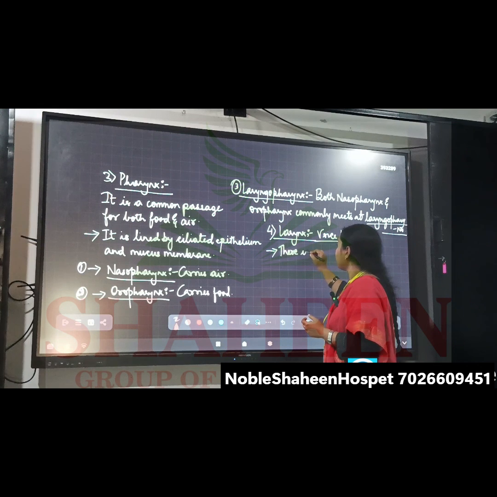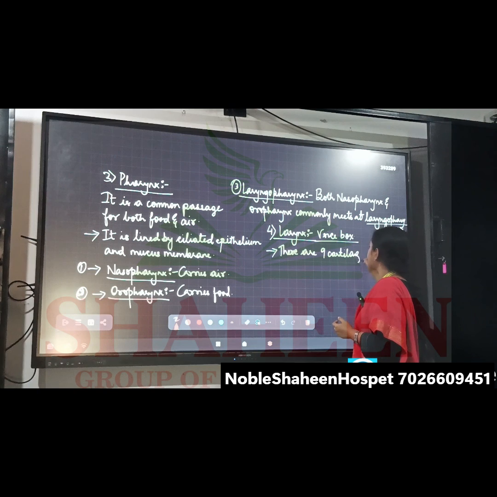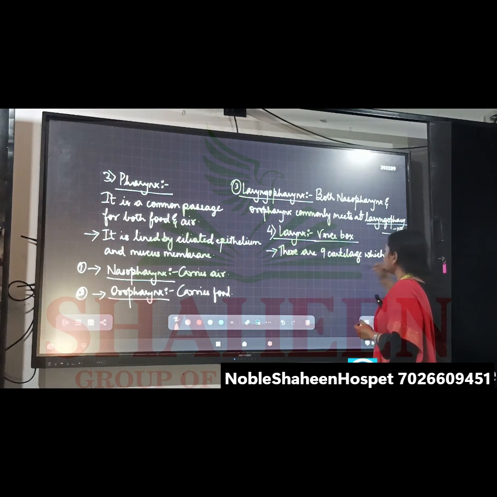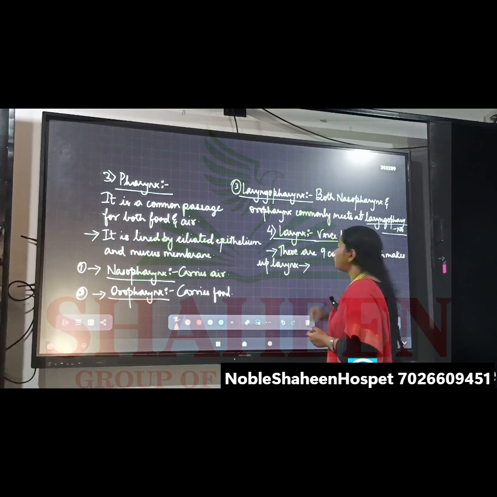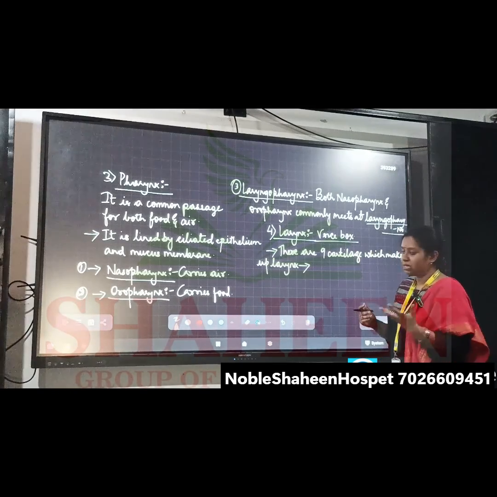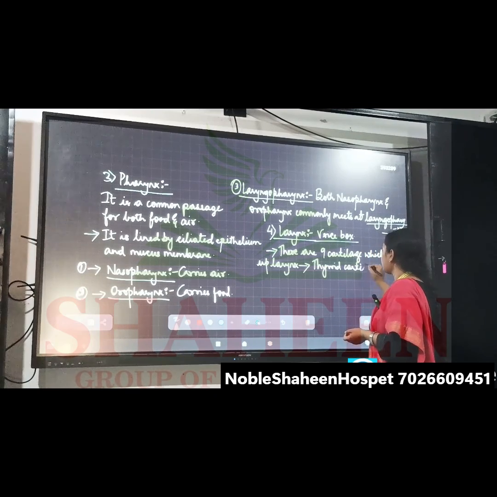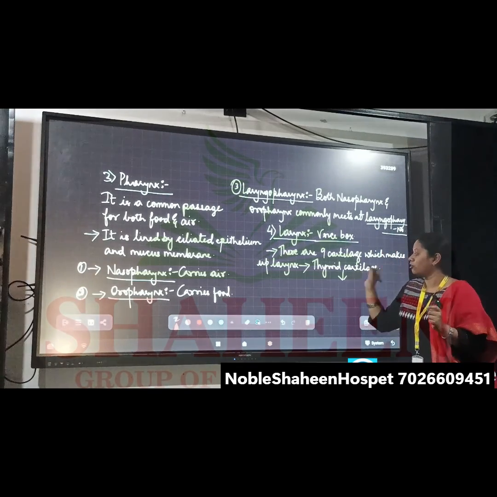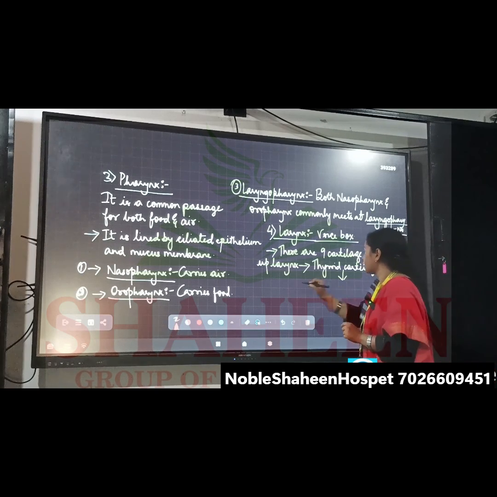There are 9 cartilages which make up the larynx, and the bigger cartilage of the larynx is the thyroid cartilage.